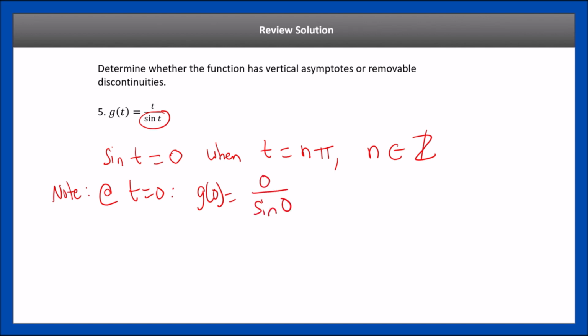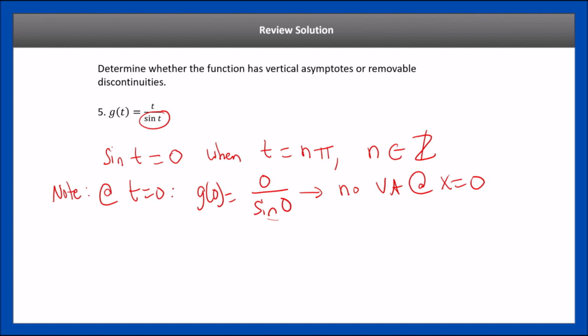We know sine of 0 is 0, but then obviously the numerator is 0. So that's telling us that at 0, we do not have a vertical asymptote, right? Because the numerator is 0. So for this, we have no vertical asymptote at t equals 0, and again, that's because the numerator is 0. The numerator has to be non-zero.